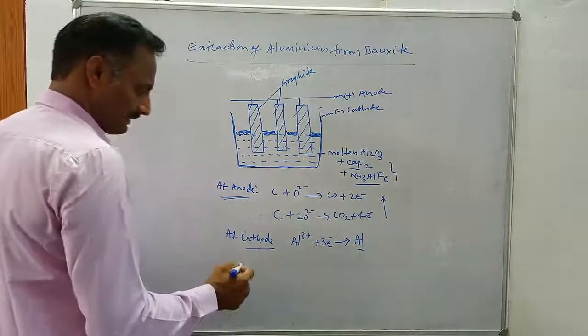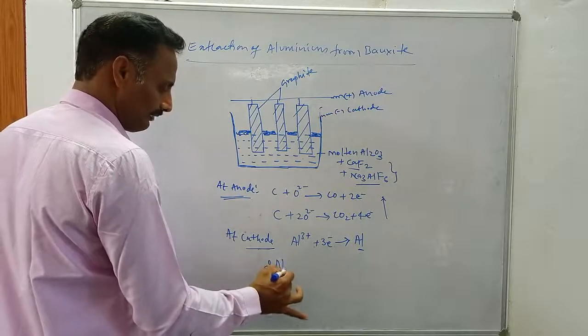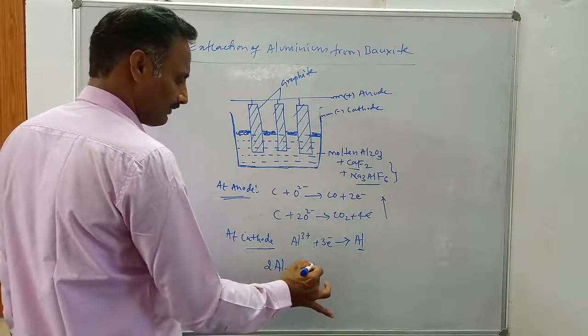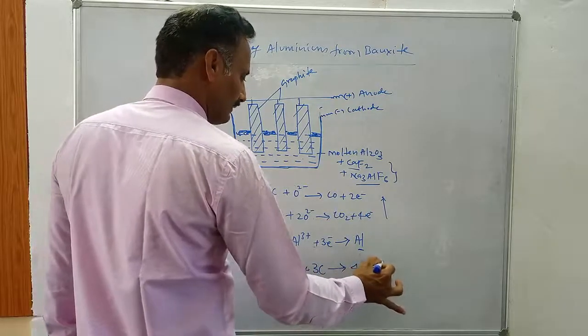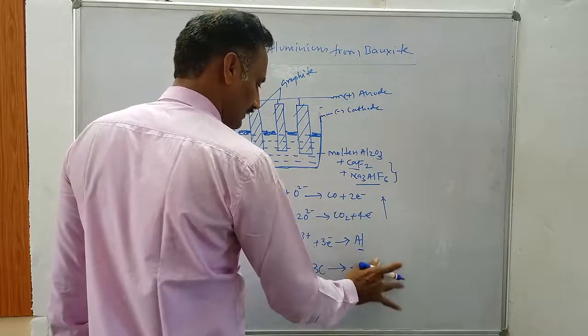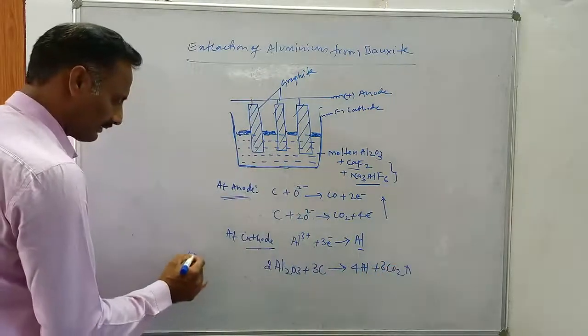Then what is the overall reaction? The overall reaction of this cell is 2 Al2O3 combines with 3 C, then we get 4 Al and 3 CO2. This is the overall reaction of the cell.